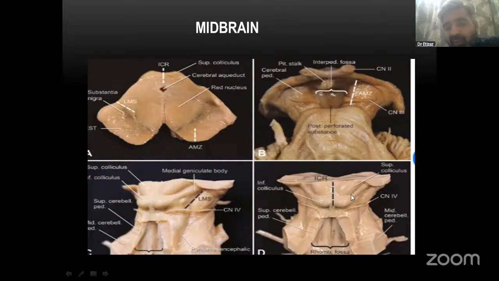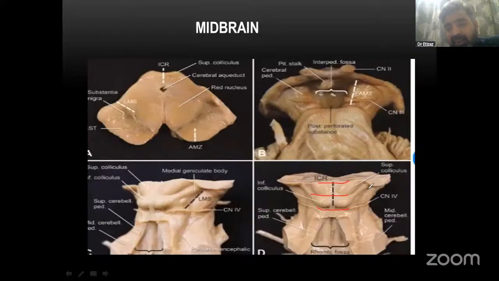Above the inferior colliculus, we can give a transverse incision in this area. Then this level is inferior to the inferior colliculus, this is superior to the inferior colliculus, and that is superior to the superior colliculus.